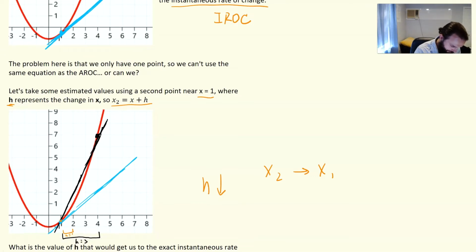Now we'll take our second point here, and you'll see that we're starting to get a slope that's a little bit closer. Again, not perfect, but certainly a bit better than before. Now, if we keep reducing that h, we're going to get a slope that's going to continuously get closer and closer. For instance, if I made my h 1/2, my slope would be here. That's pretty close to what we're looking for.